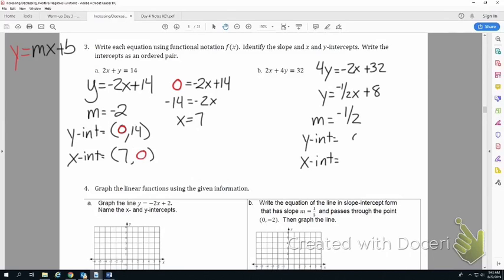Hopefully the slope and the y-intercept were easy to find. And then would somebody tell me what the x-intercept would be? 16, 0. Awesome.